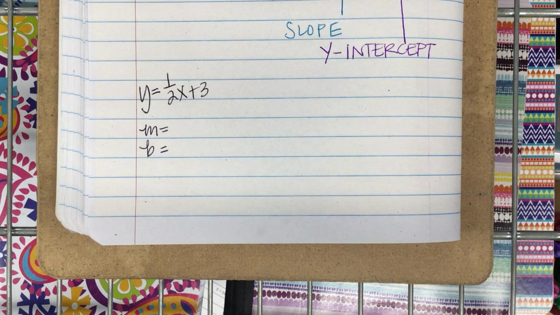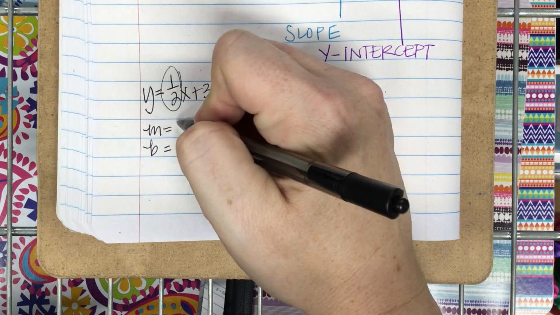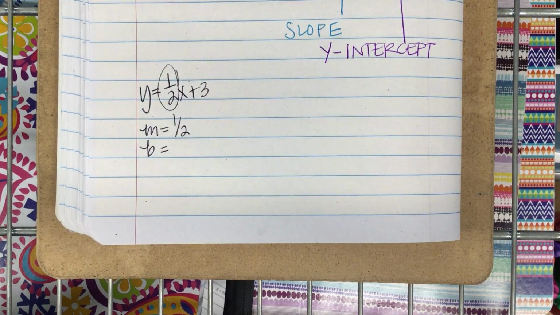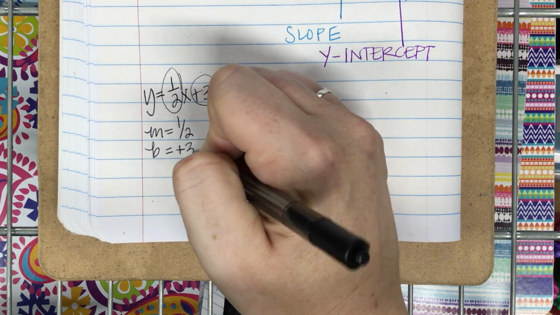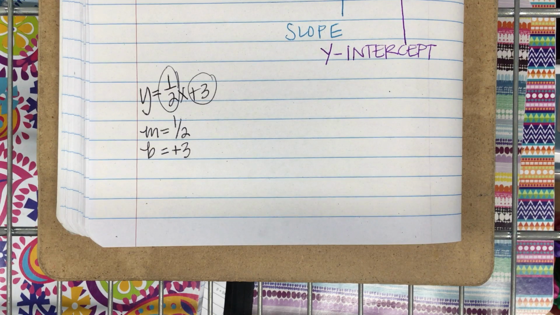What's the slope? Henry? 1/2. And what's your intercept? Plus 3. Positive 3. I don't need the plus.